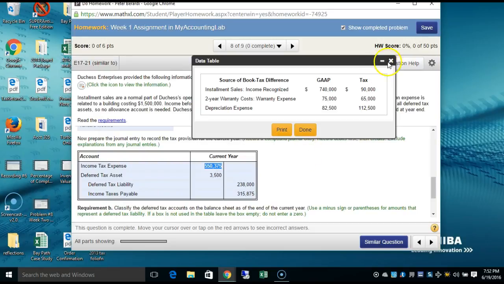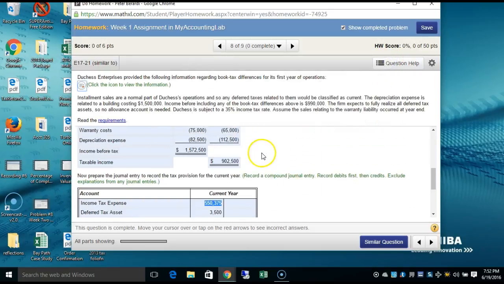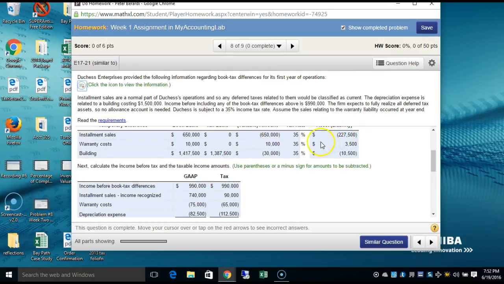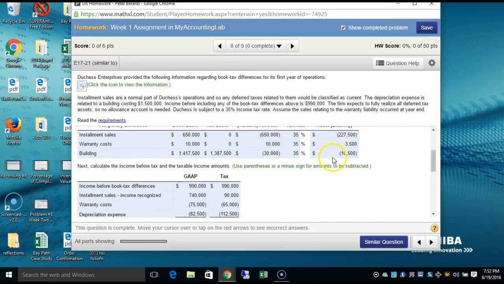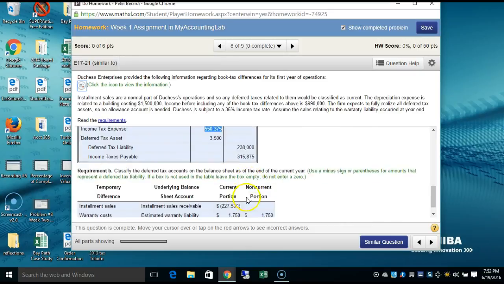These two numbers are right here in your worksheet. So the liabilities are the $227,500 plus the $10,500, which gives you a liability of $238,000, and your deferred tax asset is $3,500.